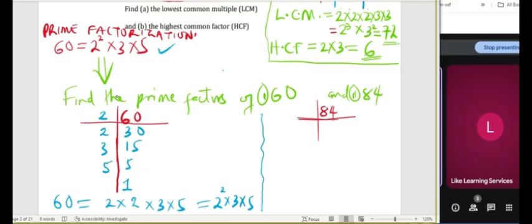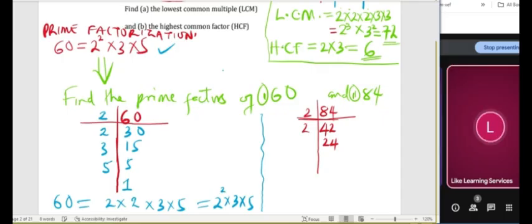Let's go. 84 divided by 2 is 42, right? 2 again, that's 21.